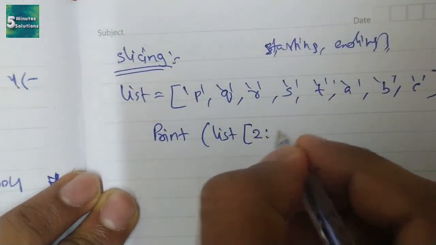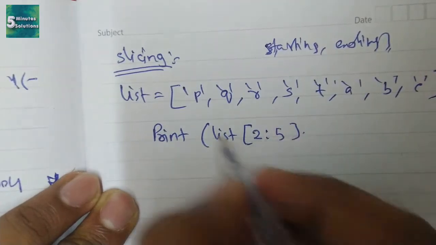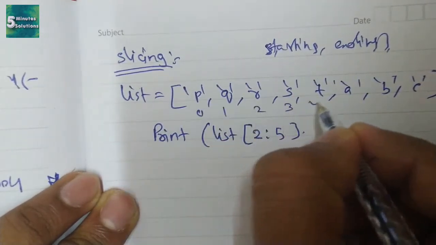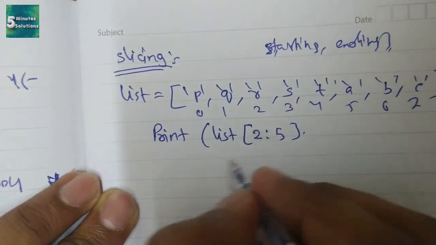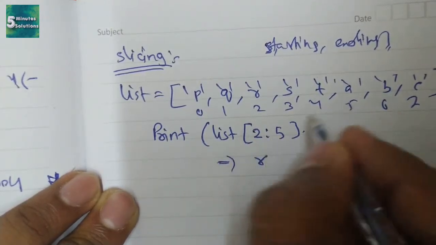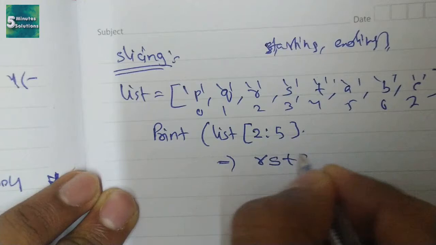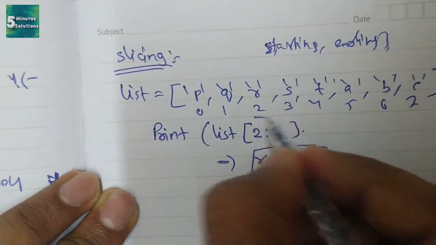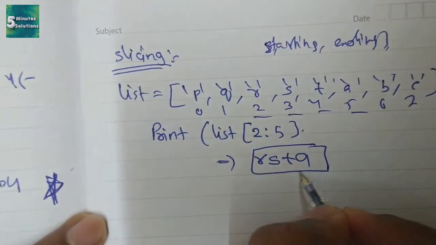Let's take 2 comma 5, means 0, 1, 2, 3, 4, 5, 6, 7, so it will give you R, S, T, A.